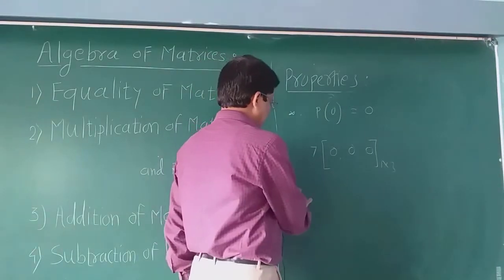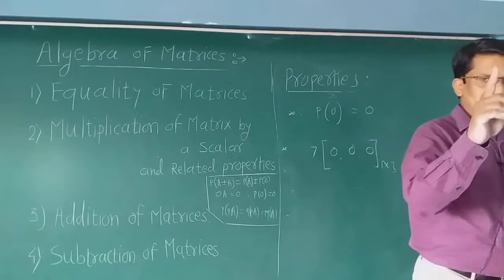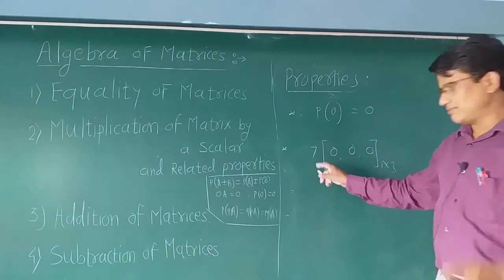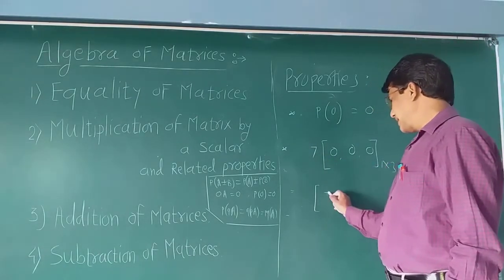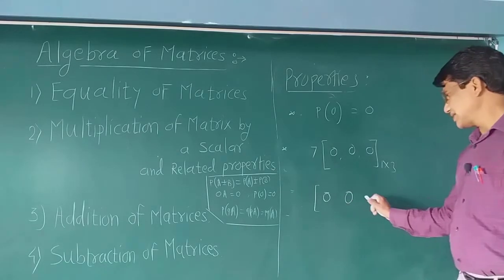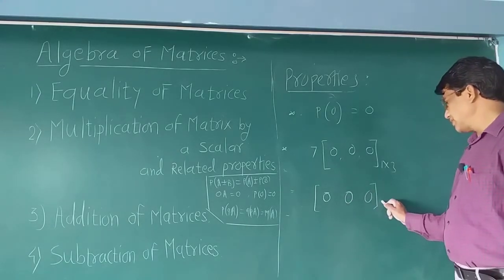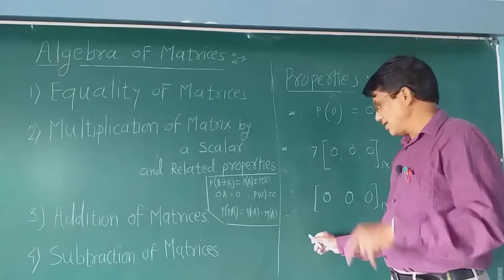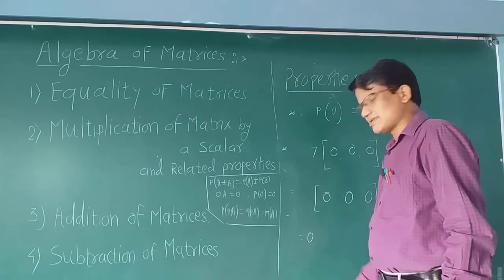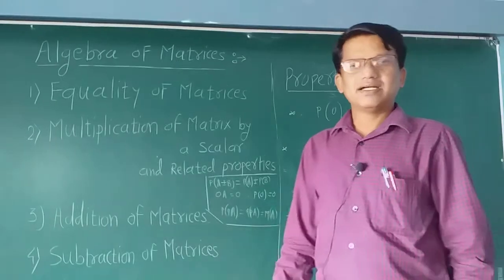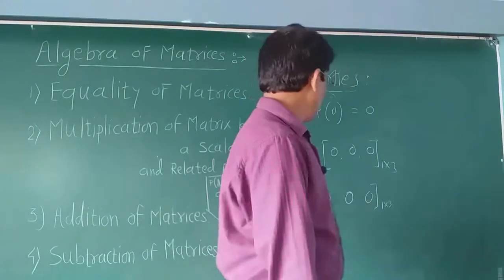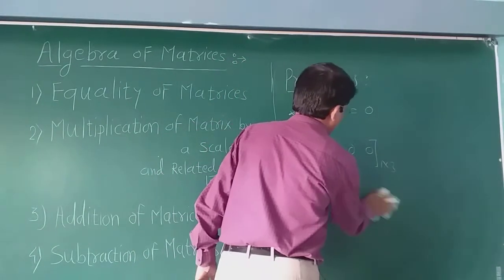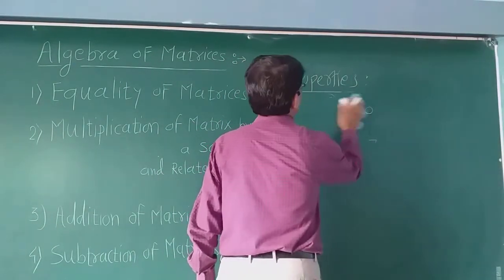So multiply this matrix by 7, a non-zero number. What will the answer be? 0, 0, 0, so 1 by 3. Hence this is again a 0 matrix. These properties are very important.